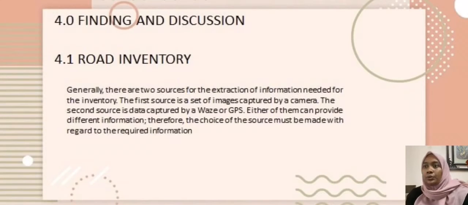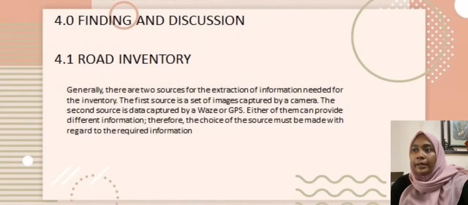Generally, there are two sources for the extraction of information needed for the inventory. The first source is a set of images captured by a camera. The second source is data captured by Waze or GPS. Either of them can provide different information.